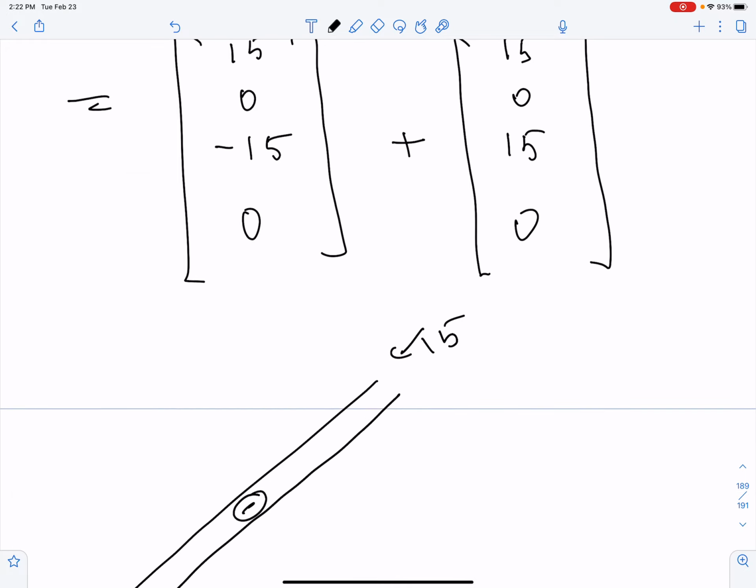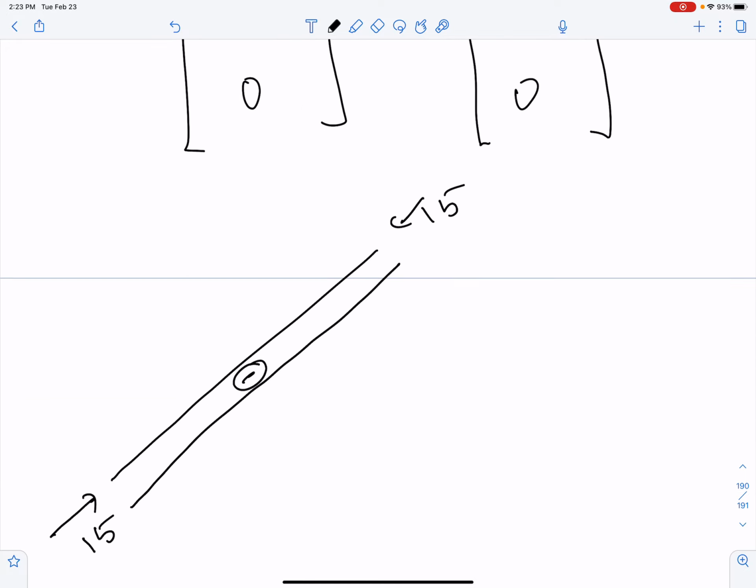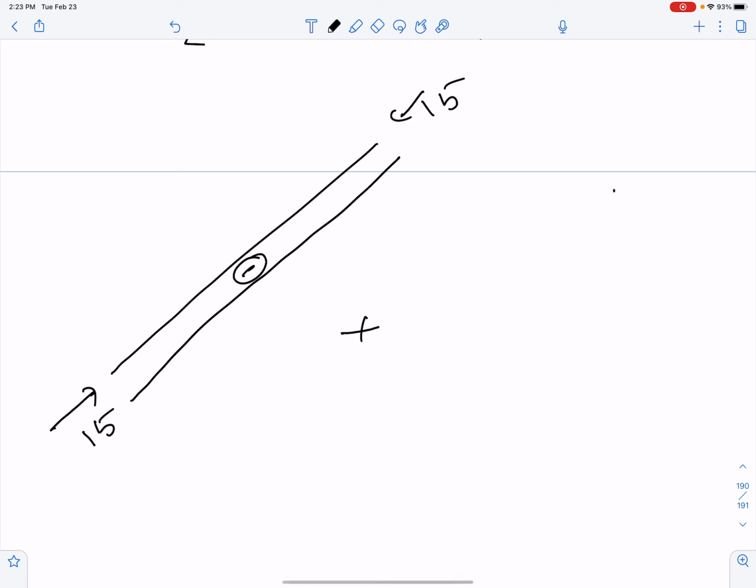And then you have this contribution here, plus zero element, and I have two positive 15s, okay? And so we know here that you have a compression on this side, you have tension on that one.